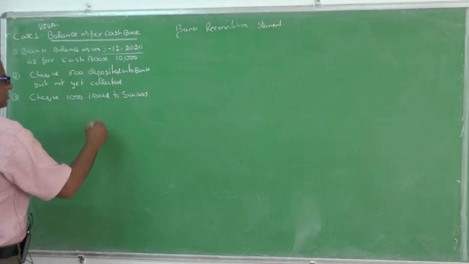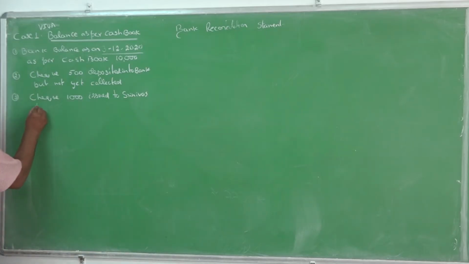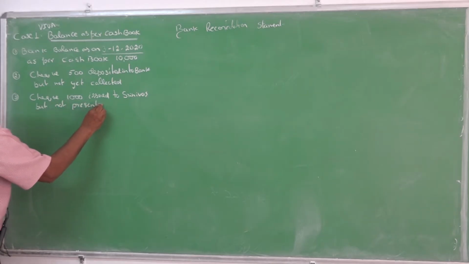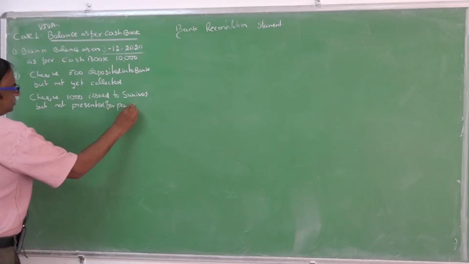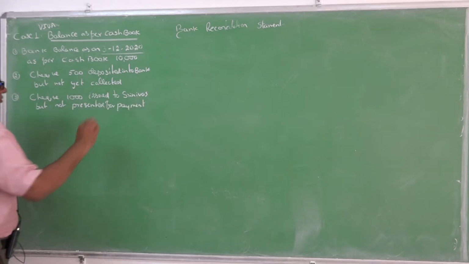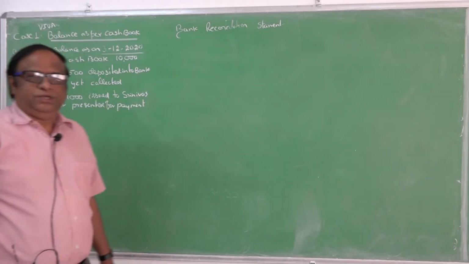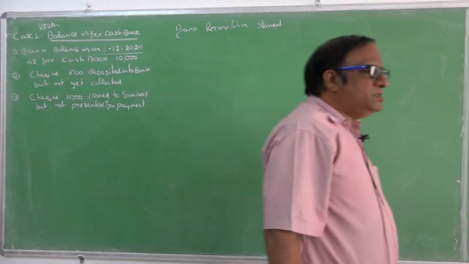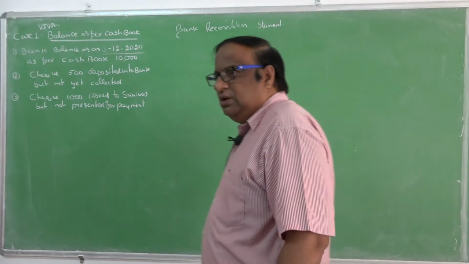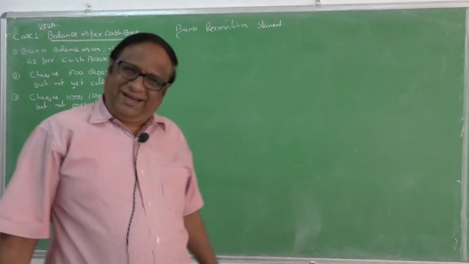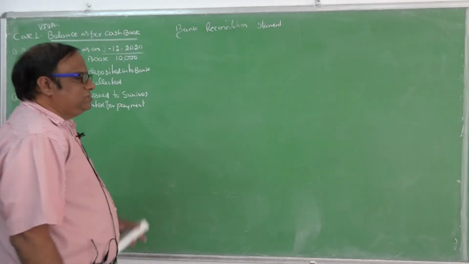Check 1000 issued to Srinivas, but not presented for payment. Who is Srinivas? Srinivas is one of the suppliers, a supplier of rice for Viva school. He supplied rice of 1000 rupees.